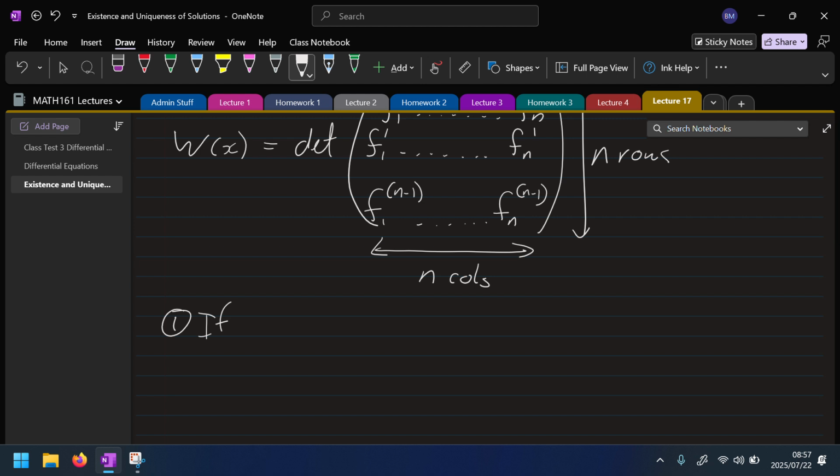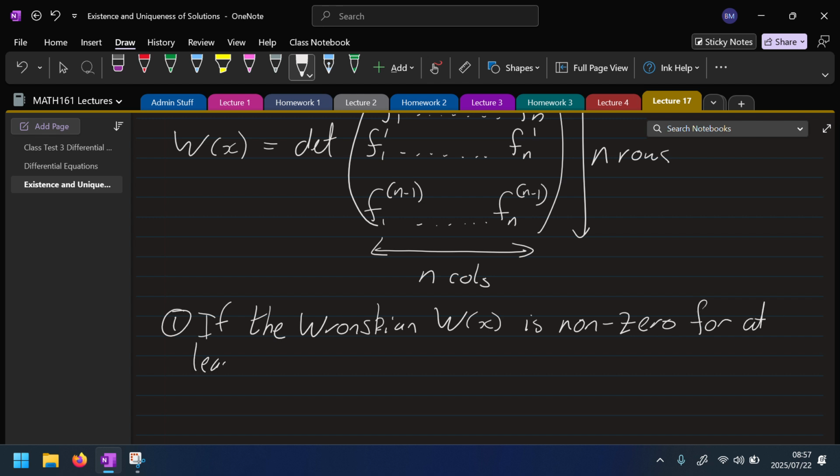This is case 1: if the Wronskian W(x) is non-zero for at least one value of x on some interval AB.